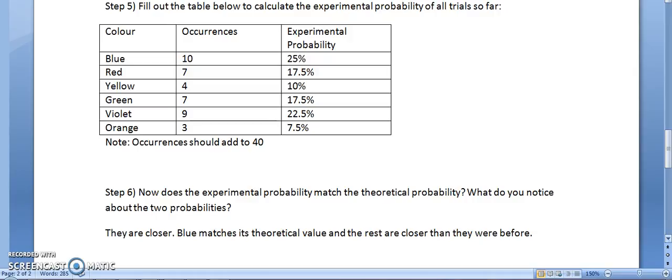Violet is actually quite a bit higher than we would expect, but orange is also quite a bit lower than we would expect. And green is a little bit lower, but still, they're all generally closer than they were before. We're seeing a little bit more spread out. So that is something to note, that it did get closer.